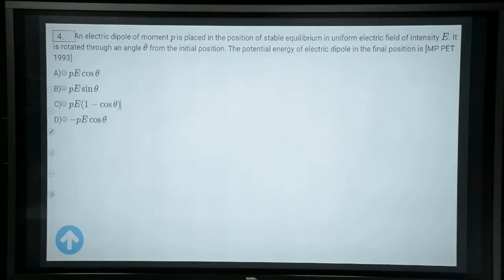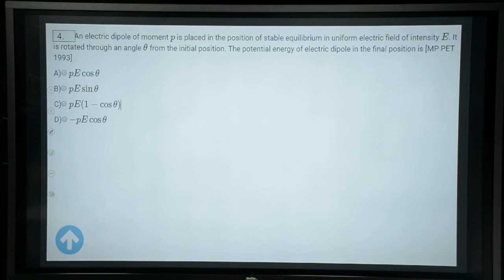The question says an electric dipole of moment P is placed in the position of stable equilibrium in a uniform electric field of intensity E. It is rotated through an angle theta from the initial position.